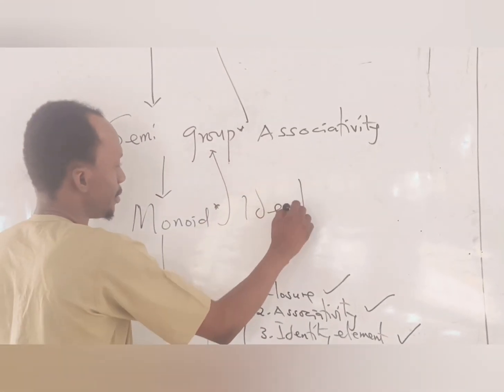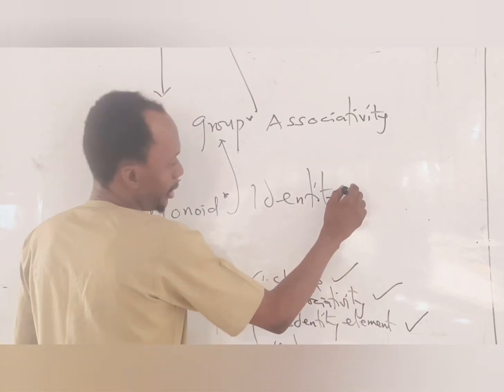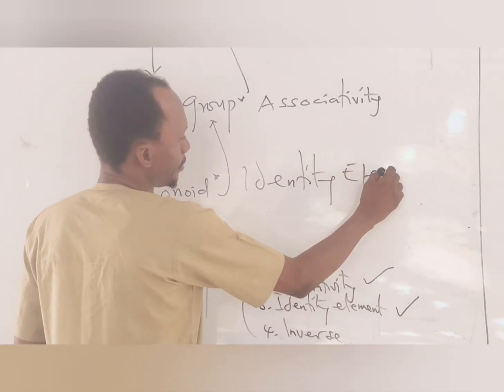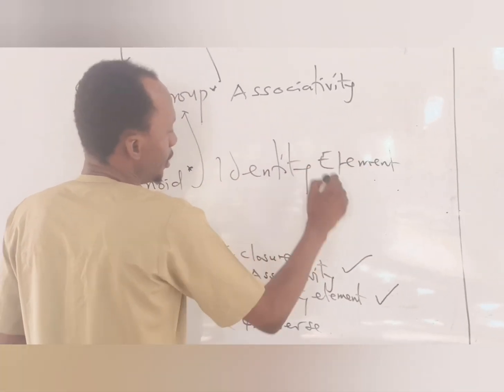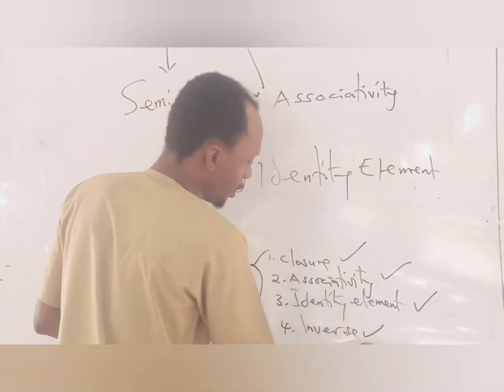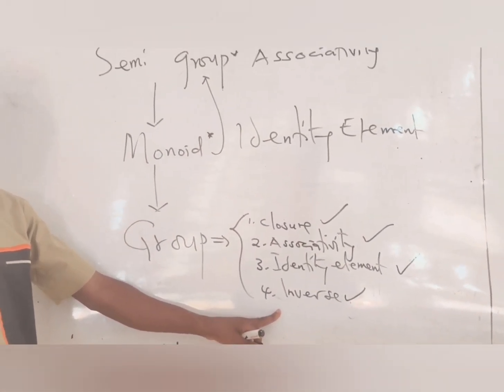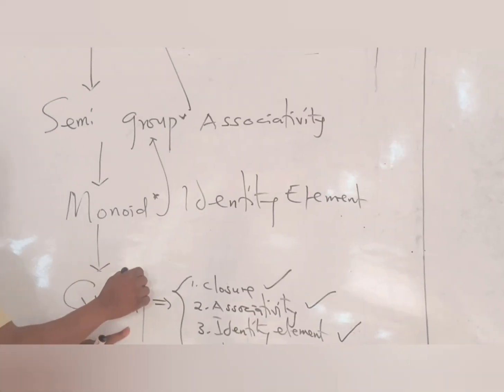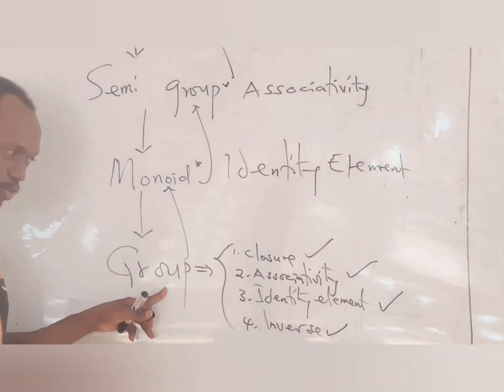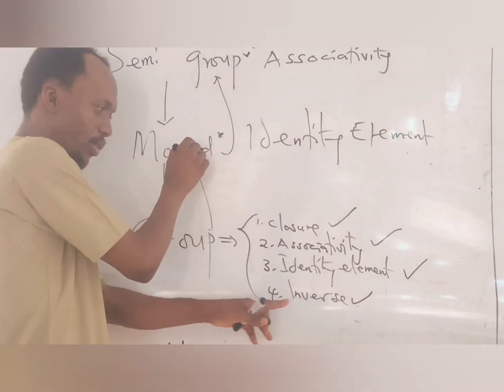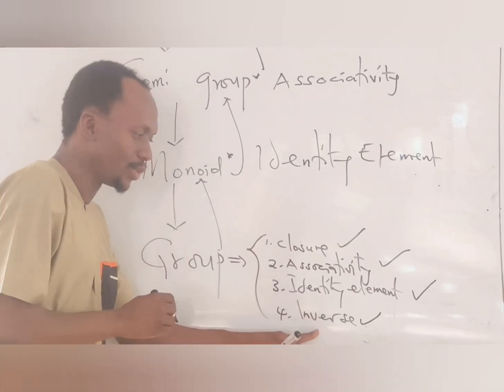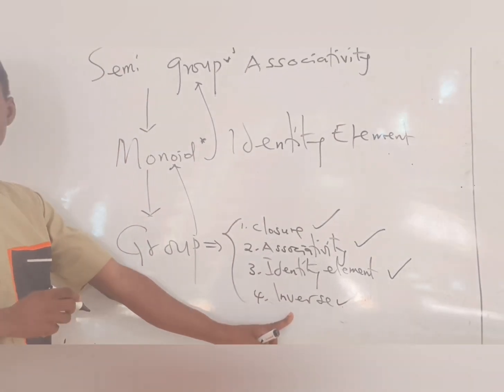So this one has an identity element. Then go to the last one, which is what? Inverse. So you see, this one also now depends on a monoid. So a group is a monoid in which every element has what? An inverse.